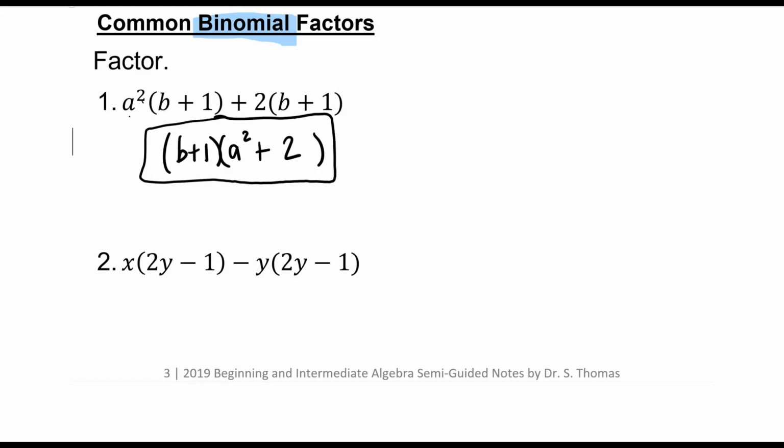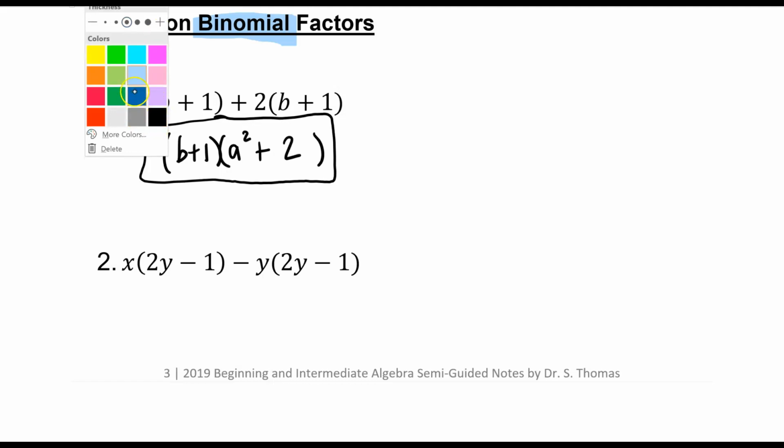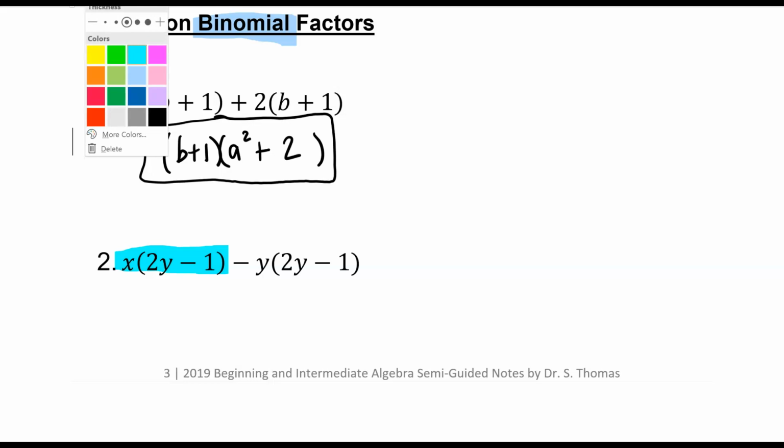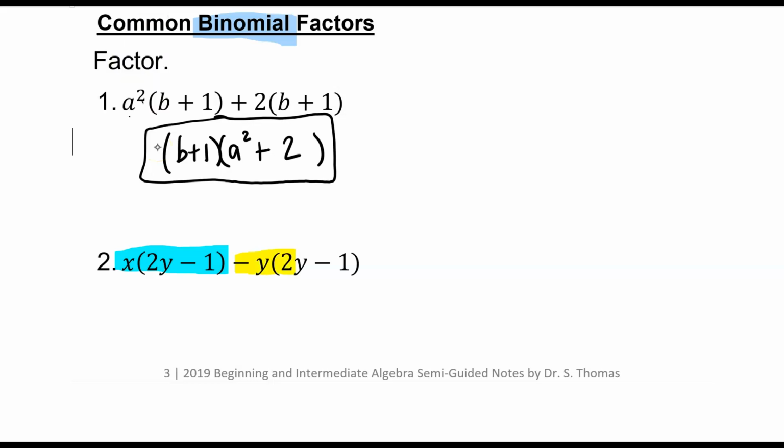So again, if I highlighted this as a color and I highlighted the second part as a color, what do you see between the two colors that is identical? Well, I'm hoping you see that 2y minus 1 is identical. It's the only thing that they have in common. We're going to call it our greatest binomial factor.